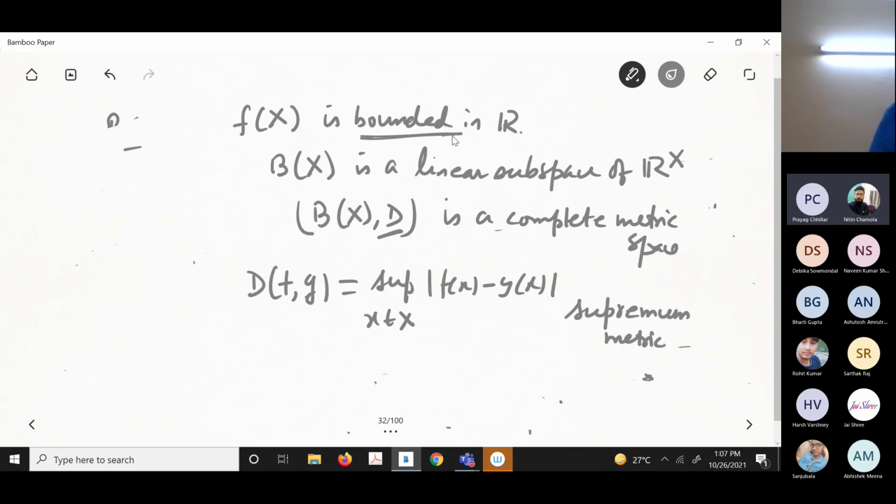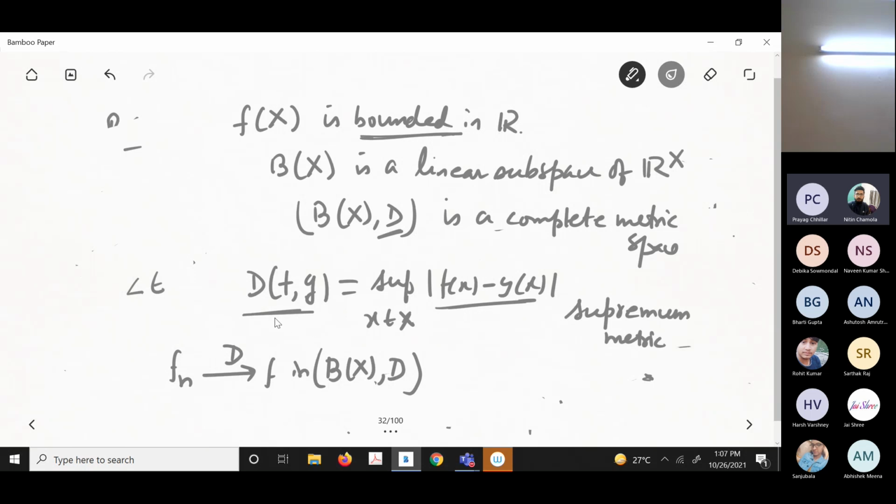Now if a sequence converges with respect to this metric in B(X), look here, I am taking the supremum. So the difference between f(x) and g(x) has to be less than epsilon, which means the entire graph of g has to lie between f minus epsilon and f plus epsilon.